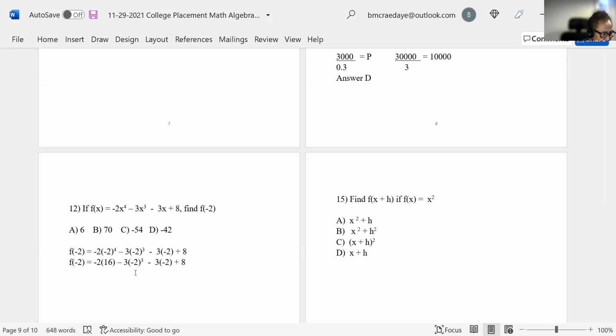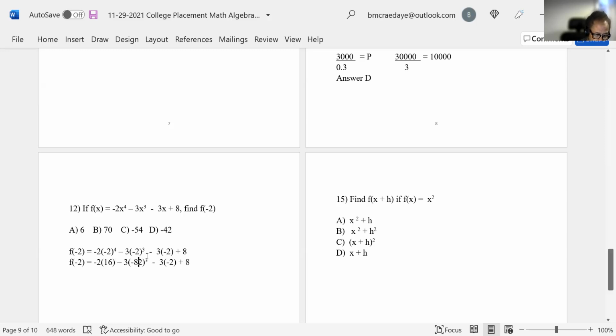Minus 2 times minus 2 is 4. Yeah, and then what's the plus 4 times a minus 2? It'd be a minus 8, right? So this would be a minus 8.